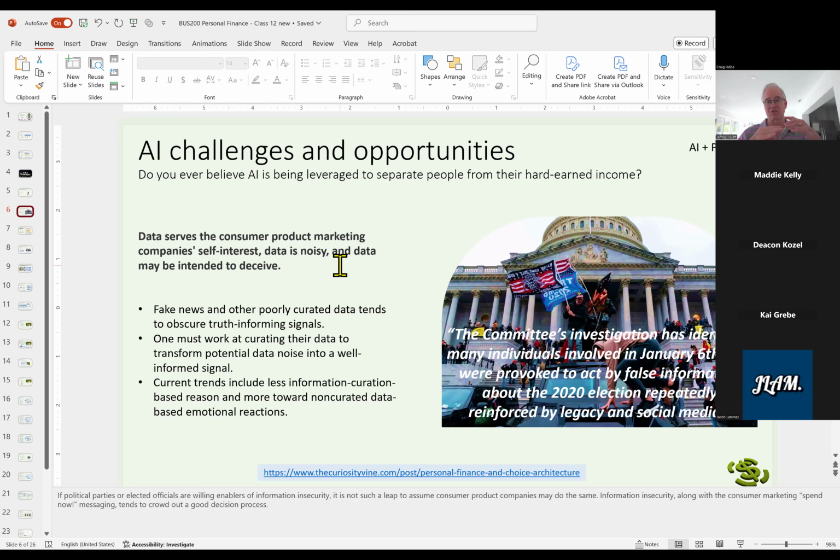This is an extreme example, a political situation where people died. But what I'm saying is if the government or your leaders are willing to do stuff like this, of course, so are Amazon and Netflix and any of the other big companies using this information to guide your purchase decisions. It's generally to benefit the company themselves, not necessarily with your benefit as a consumer in the front of their minds.